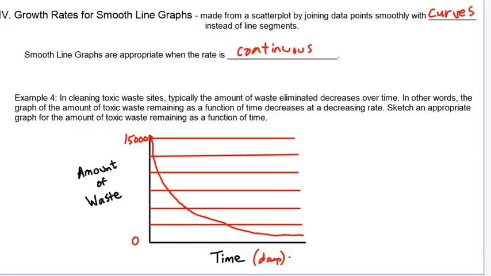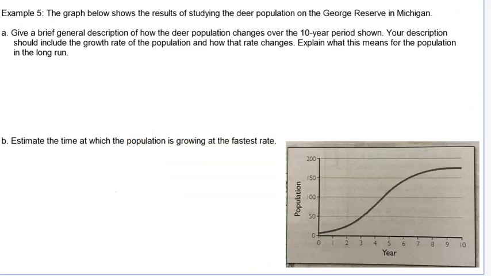All right, so let's go to number 8. The graph below shows the results of studying deer population on the George Reserve in Michigan. Give a brief general description of how the deer population changes over the 10-year period.